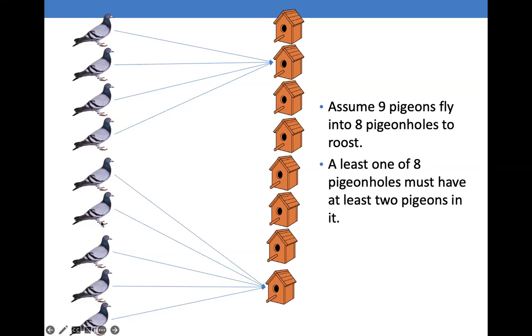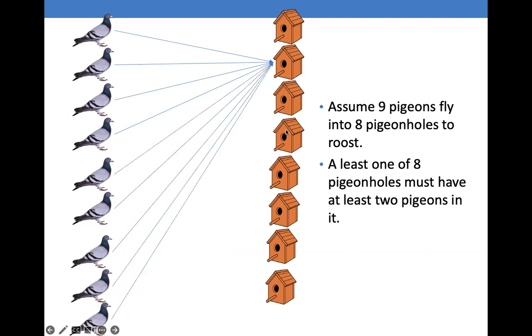At least 2 pigeons are roosting in this pigeonhole, and the others are empty. And this is also correct, assuming that all of the pigeons are placed in only one pigeonhole. Still, it complies with the principle that at least one of the 8 pigeonholes, at least one only, so we need a minimum of 1 pigeonhole that has at least 2 pigeons in it.